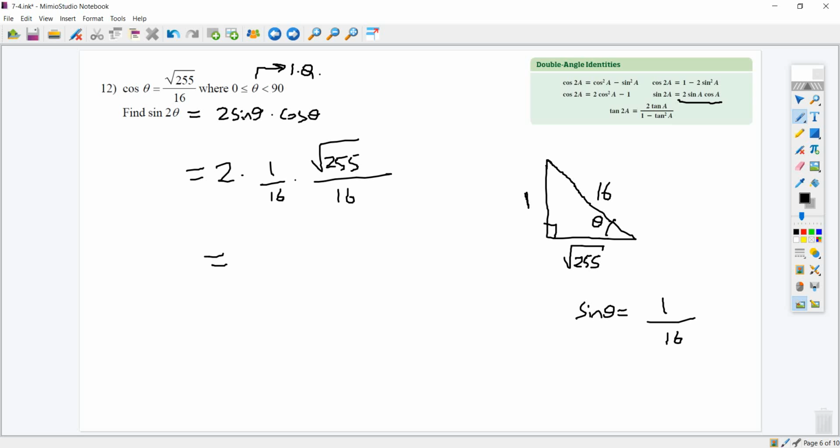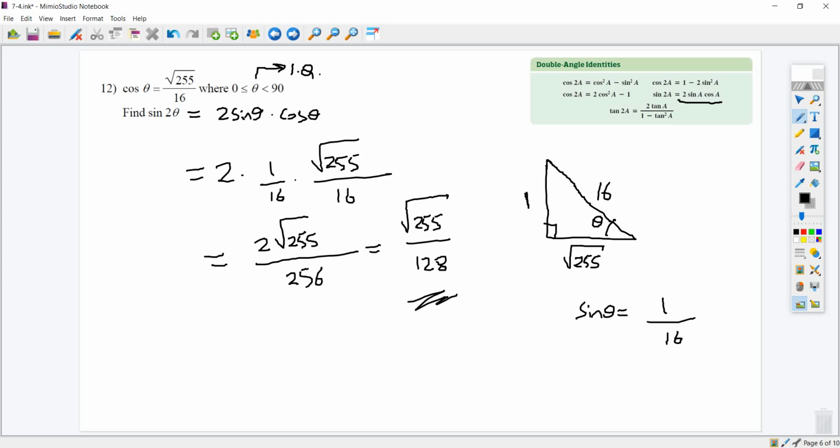Simplify. 2 times 1 times root 255 is just 2 square root of 255. 16 times 16 is just 256. Maybe the 2 and the 256 can simplify. We can have square root of 255 over 128 as the simplest answer for sine 2 theta.